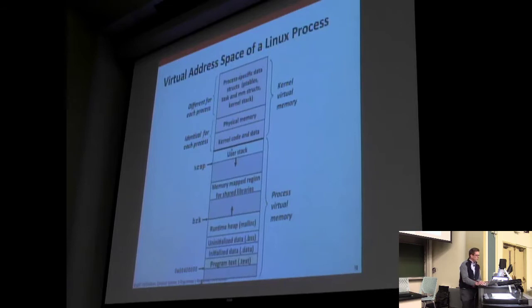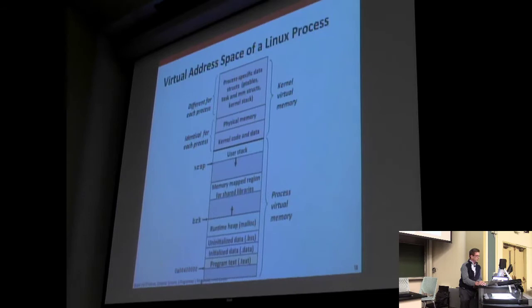But what is important is that this is the virtual address space of a process, and so the kernel exists in the virtual address space of each process. There's kernel code and data, and then it also has a region of its virtual address space that maps each element of this region to an address in physical memory.